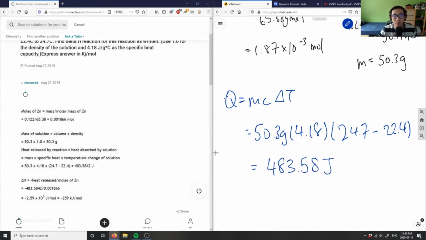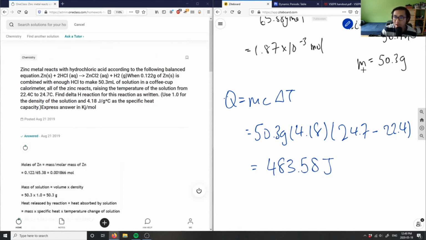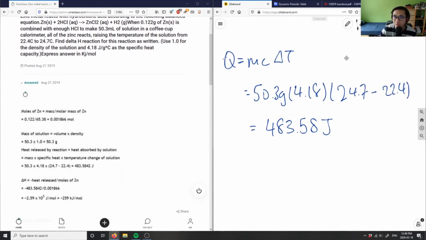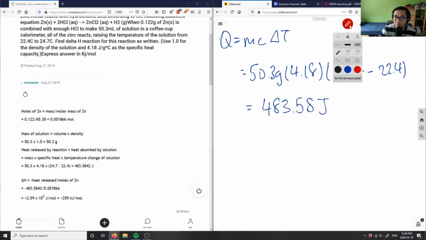And then finally, I want to find the delta H of this reaction. So I want to divide this number by the amount of moles of zinc. The delta H of this reaction is equal to the heat that's being released, so this is negative Q, because this heat is being released.